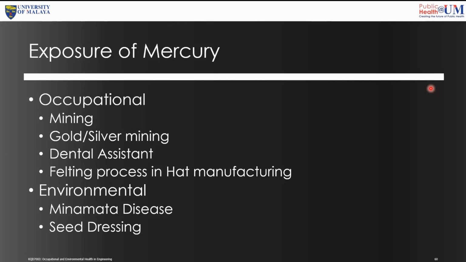You dress the seed with mercury, and if this seed is grown, most of the time the seed they're talking about is wheat. So it's important for you to look at whether the wheat is used as a seed or used as food.